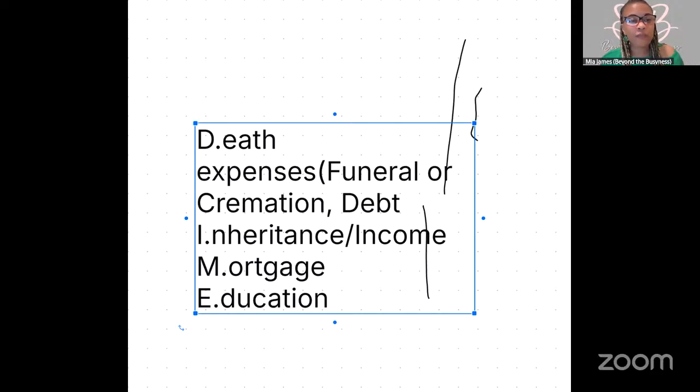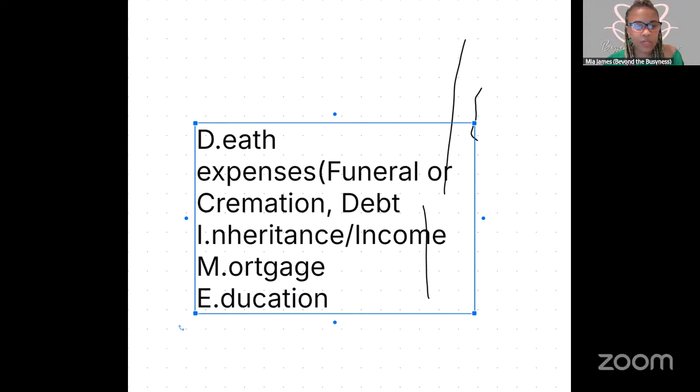Or if you have people that are dependent on your income, welcome Olympia, then you are going to want to determine how many years of your income you would want to leave behind so that your family, while they're grieving, can still continue to maintain their lifestyle, right? Especially if you have young children or a spouse that's dependent on your income to live.